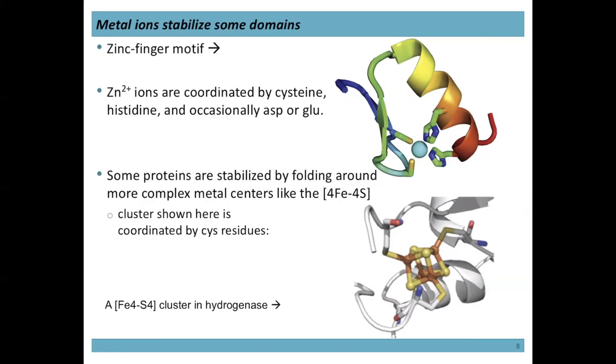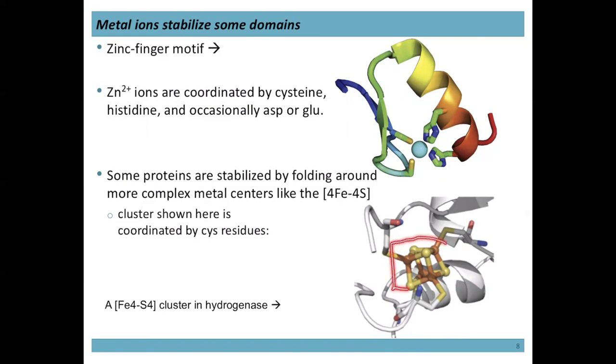You can see here, this is a zinc finger motif. These proteins interact with DNA, and they tend to be short peptides, so by themselves they typically wouldn't fold up into a defined tertiary structure. But once you put this strong interaction between these side chains and that metal, you do get a defined structure. And then you can get more complex.